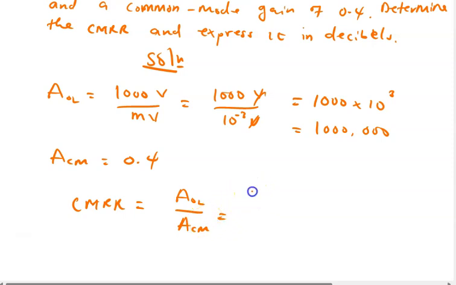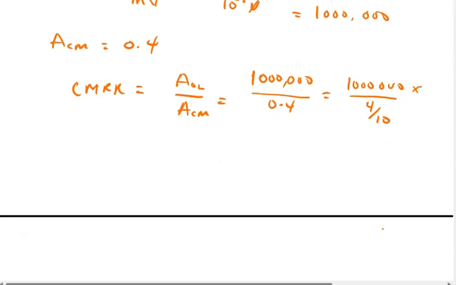We are going to get 1 million divided by 0.4, which is the same as 1 million times 10 divided by 4. But you can use a calculator straight away and you get the final answer.